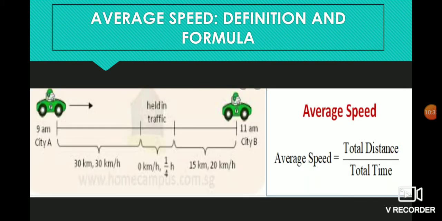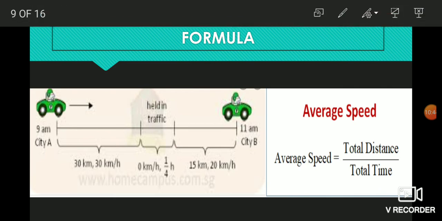Right. Let us see this picture. See the picture on your left. You see a car which is traveling from city A to city B. At what time does it start? It starts at 9 a.m. And what time does it reach city B?